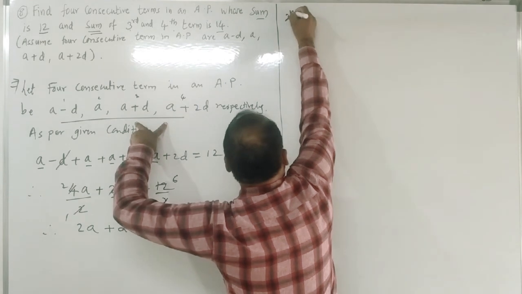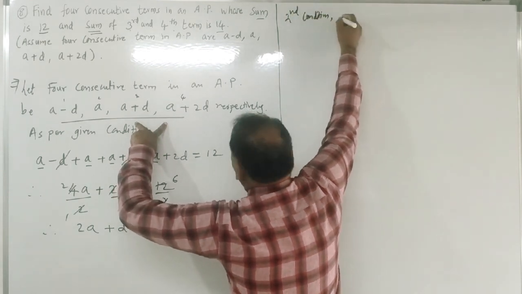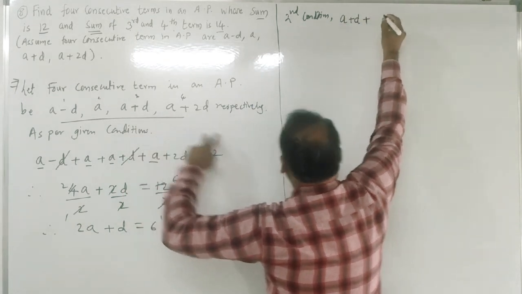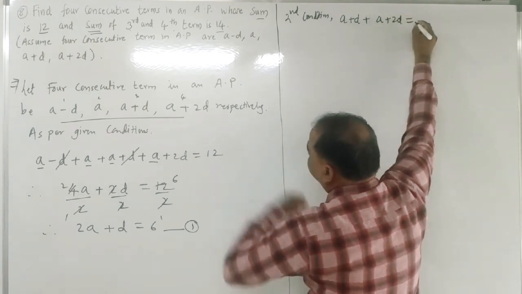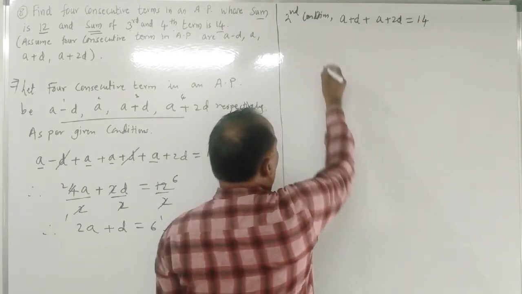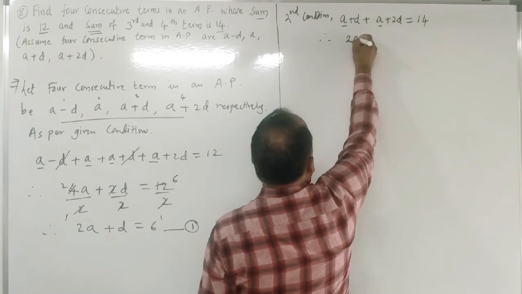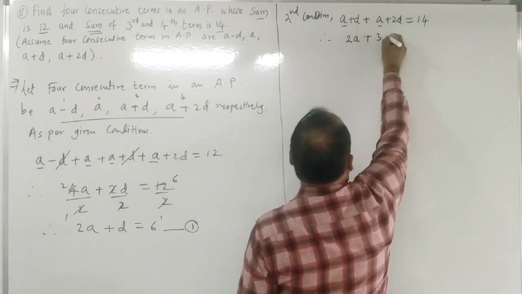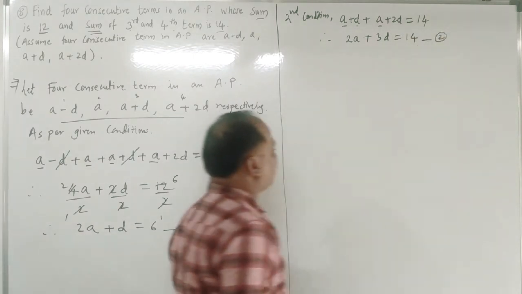So as per the second condition, the sum of the third term A plus D plus A plus 2D is equal to 14. Therefore, here A plus A, 2A plus D plus 2D, 3D is equal to 14, equation number second.